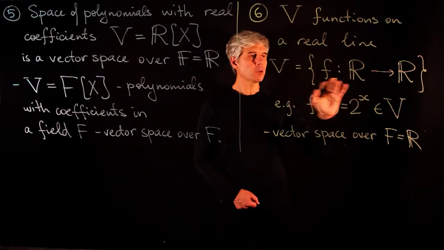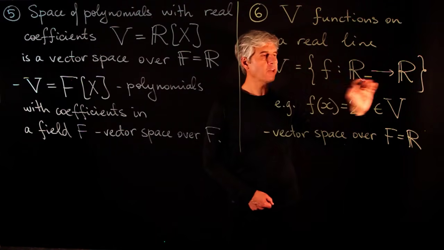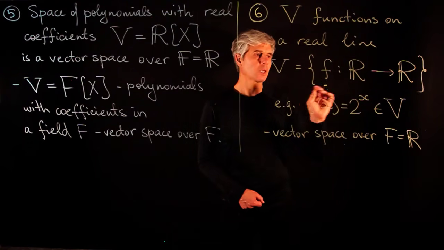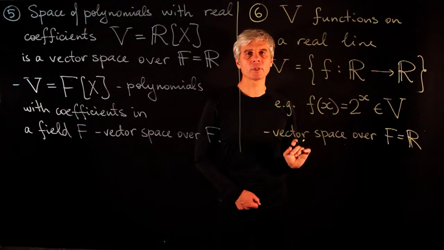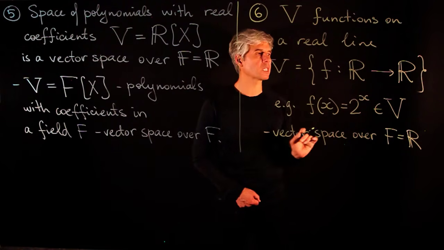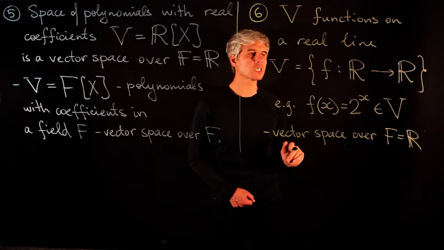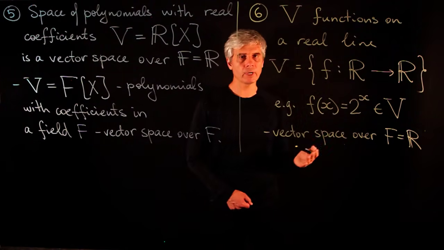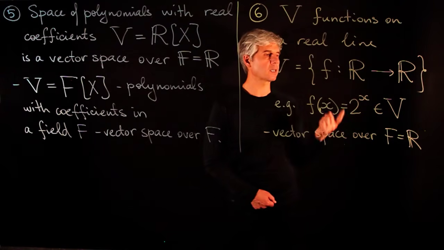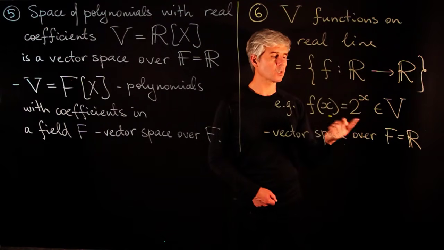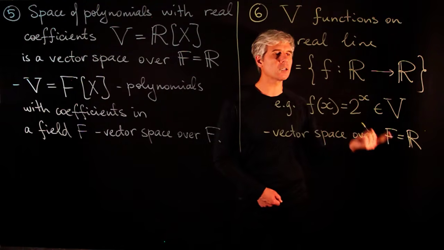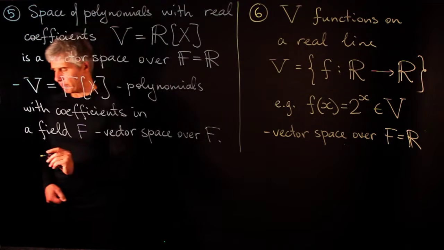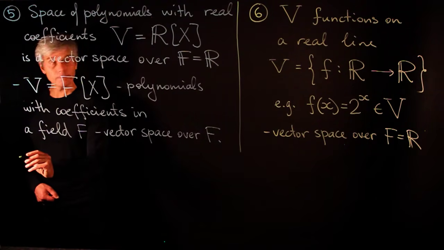So this interpretation of functions as vectors is extremely useful, and it's kind of the right sort of concept if you do digital signal processing. So in digital signal processing, functions are treated as vectors. And a lot of operations in digital signal processing happen, so we use the tools of linear algebra to work with functions.